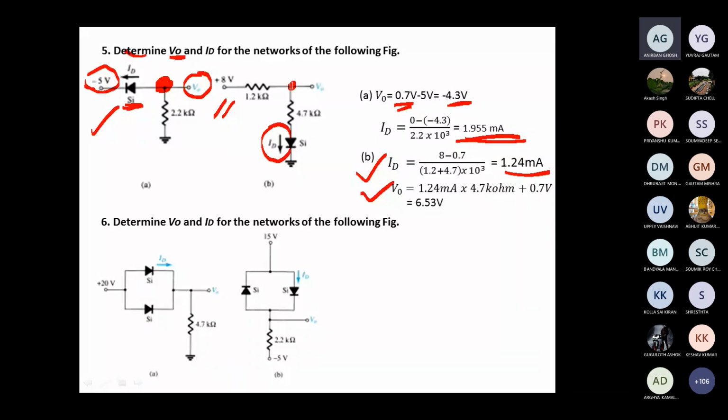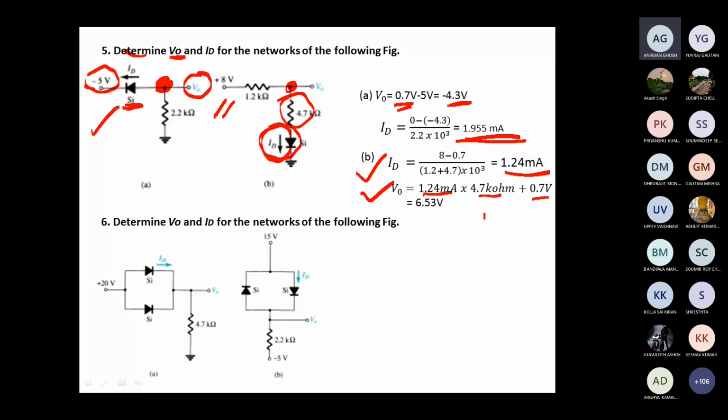So 8 minus 0.7 divided by 1 plus 1.2 plus 4.7. We have neglected the dynamic or any internal resistance, average AC resistance. We are not considering here. So 1.24 and voltage drop across this. 1.24 current is flowing into resistance plus your knee voltage here 0.7 volt.